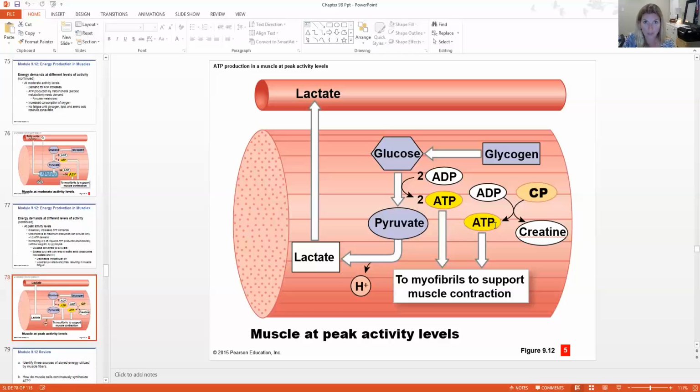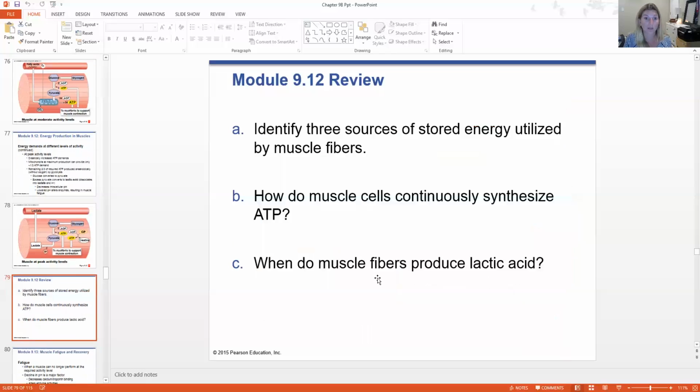There's nothing going on with lipid metabolism anymore. It's strictly a buildup of pyruvate, which is creating lactic acid, which is being converted into lactate, leaving its hydrogen ion around. Hydrogen ions, that's an acid. So the pH of our muscle is going down, down, down. You can pause the video here, go back and answer these 3 questions.